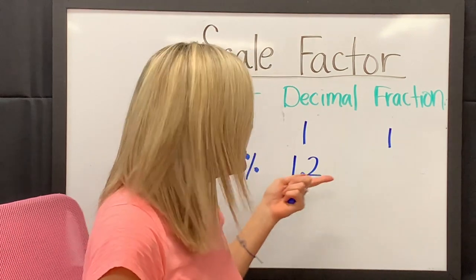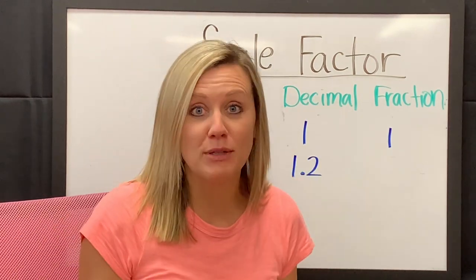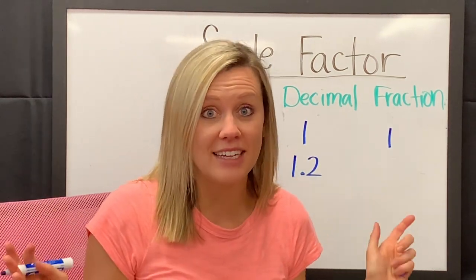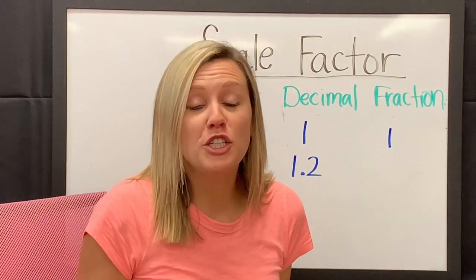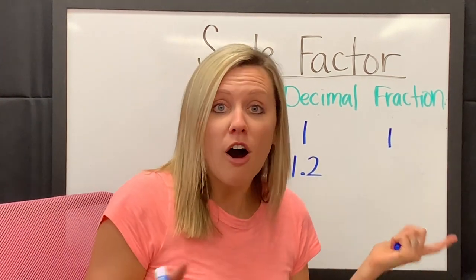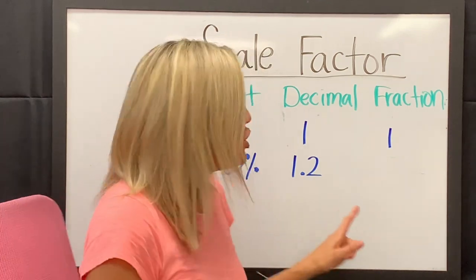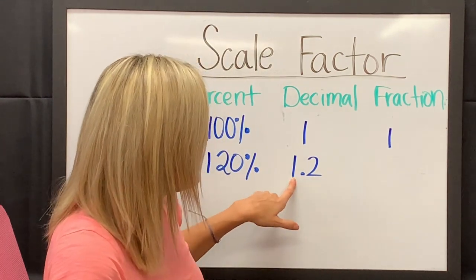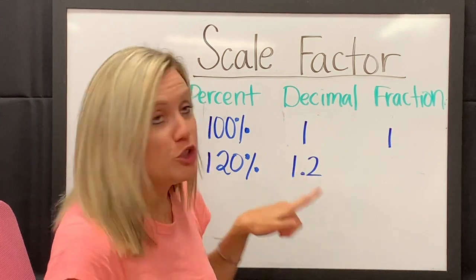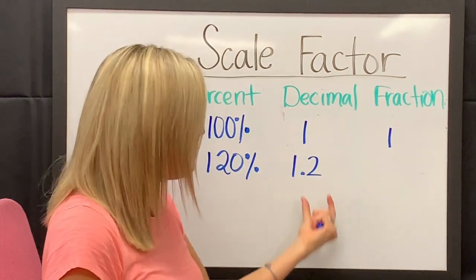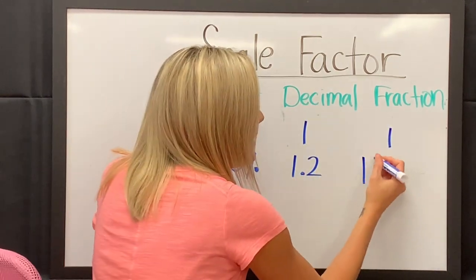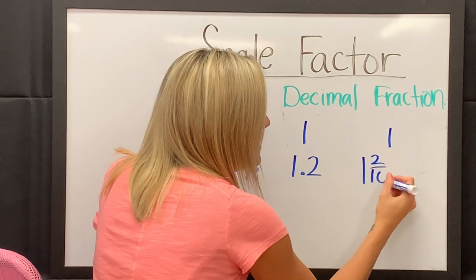Now I'm going to change this decimal to a fraction and see what the scale factor would be like that. When you change your decimals to fractions, all you really need to do is read that number properly. If I were to read this number, I would say 1 and 2/10. That is what place that's in. So 1 2/10 is written like this.